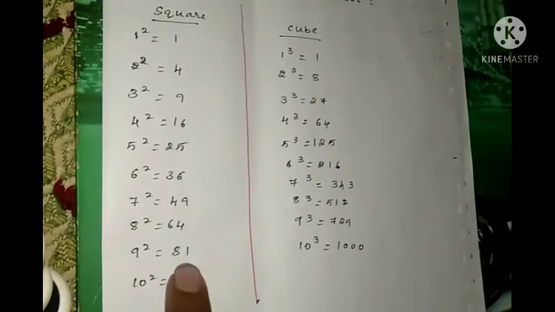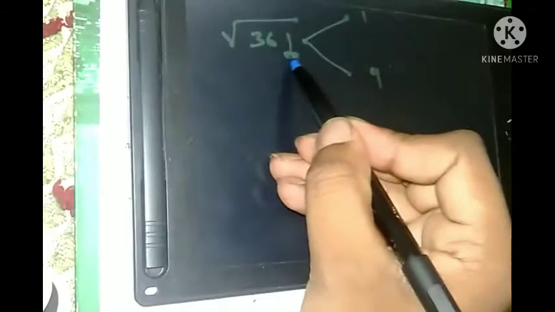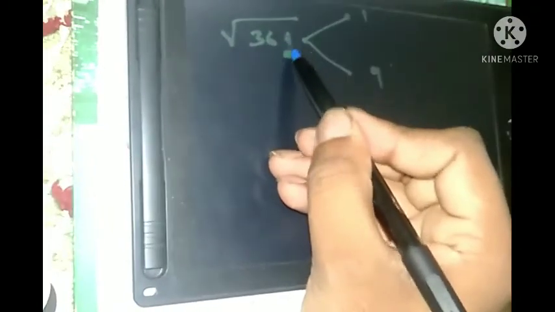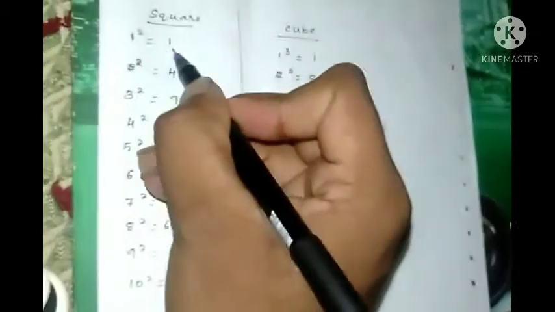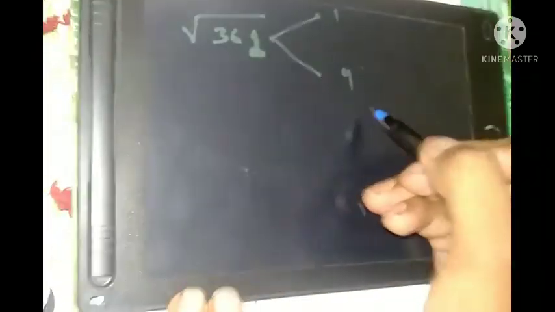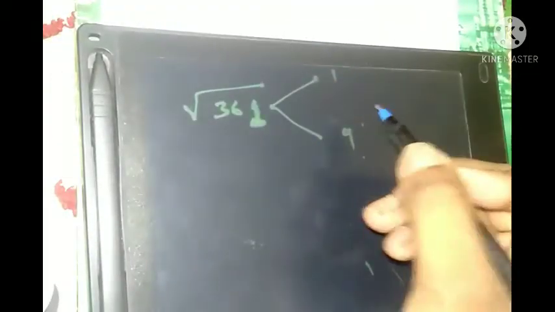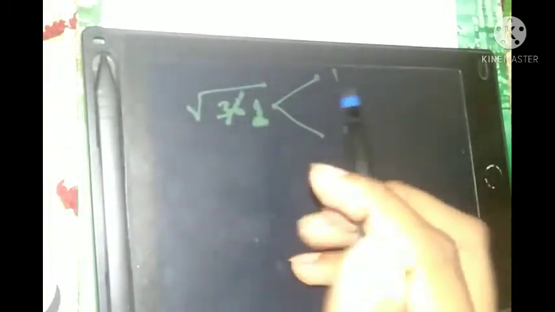At 9 square, 81, 1 is ending. Here 1 is the last digit, that's why we take 1 and 9. Okay, next step is to cancel out the middle number. We cancel out the middle number.